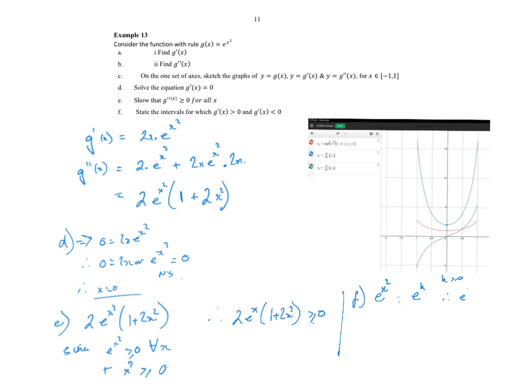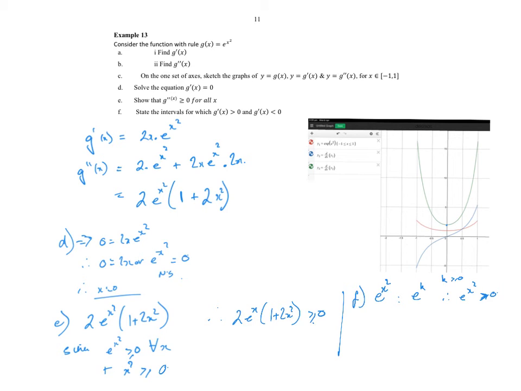So that sort of explains why e to the x squared is always positive. In fact, it's greater than 0, isn't it? Because e to the 0 is 1, and then, I tell a lie, it goes the other way, doesn't it? All the values are going to get bigger.